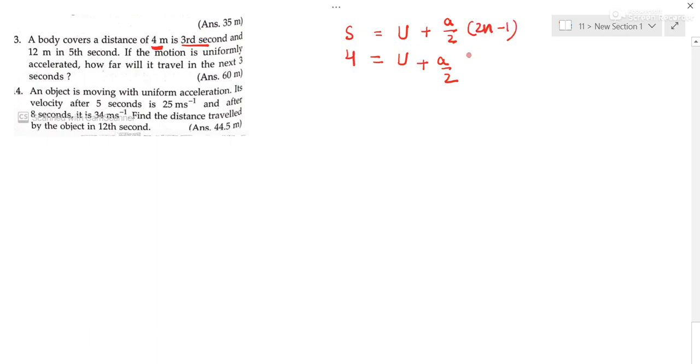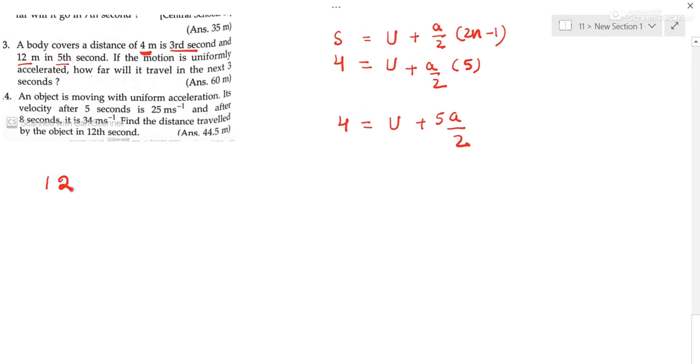N is 3, so 2 into 3 is 6 minus 1, that is 5. So it can be written as 4 equals U plus 5A by 2. Now coming to next, 12 meter in fifth second. You can form the equation again. So it will be U plus A by 2, now fifth second, so 2 into 5, 10 minus 1 is 9. So it is plus 9A by 2.